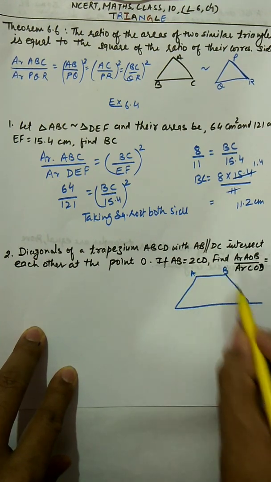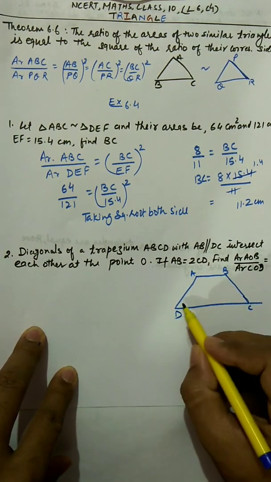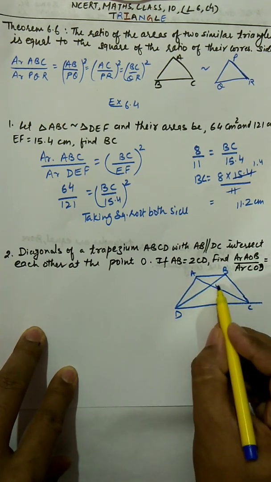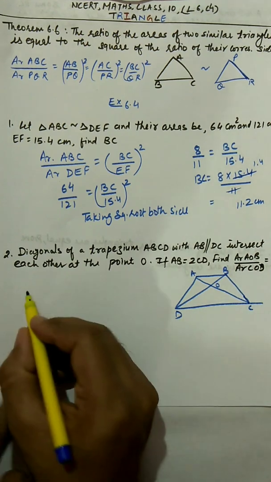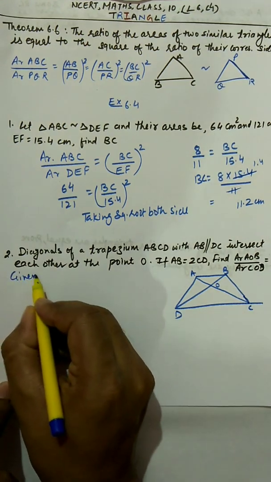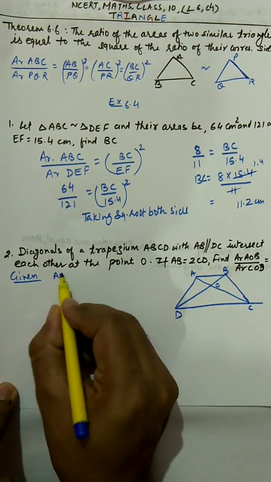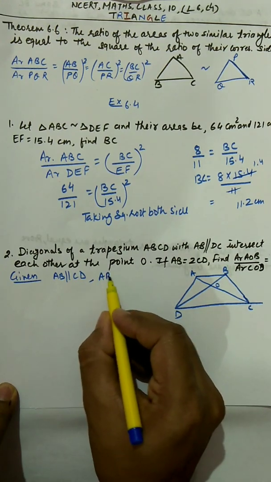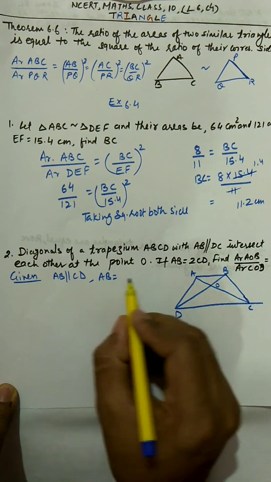Let's say this is A, B, and this is C, this is D, and diagonals are meeting at point O. So we'll write this first. Given that AB is parallel to CD, first information, and AB is equal to twice CD.